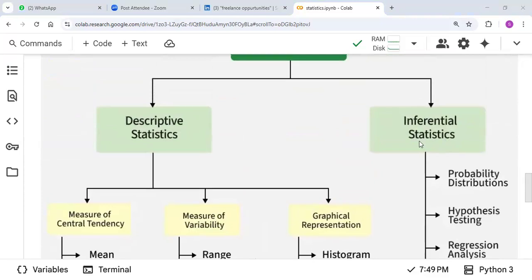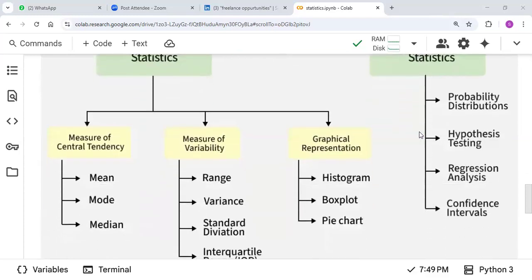Whereas inferential statistics gives you the insights in order to derive some meaningful action from your data. It gives you some interpretation, some deeper aspects of your data, by implementing various hypothesis testing.